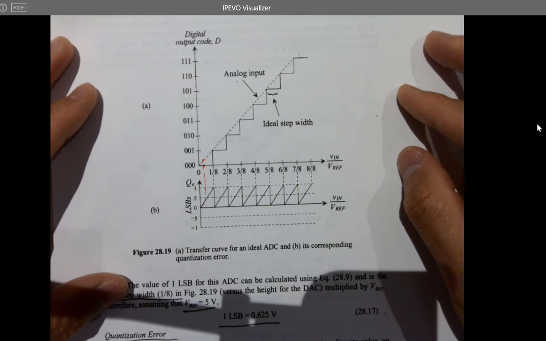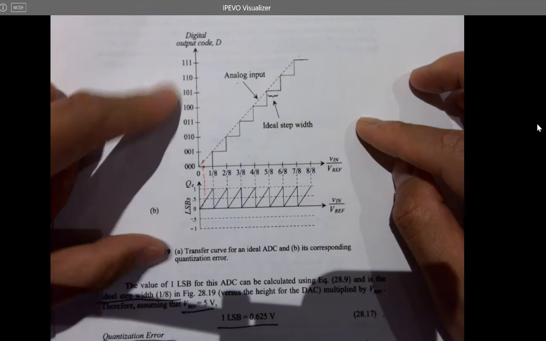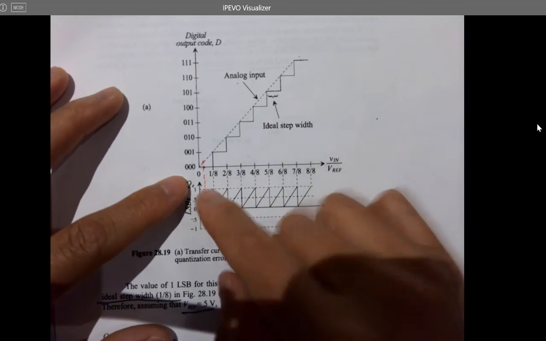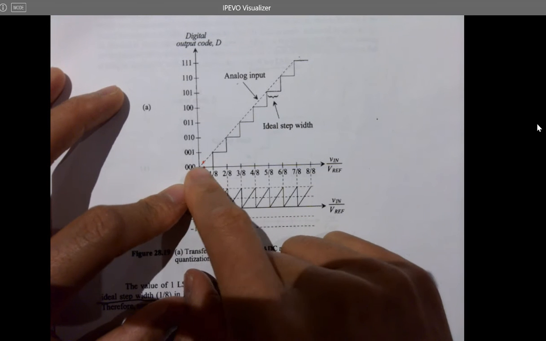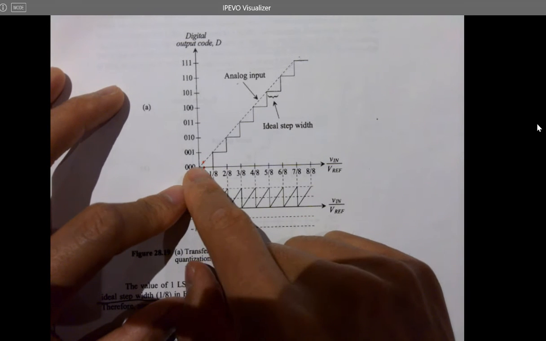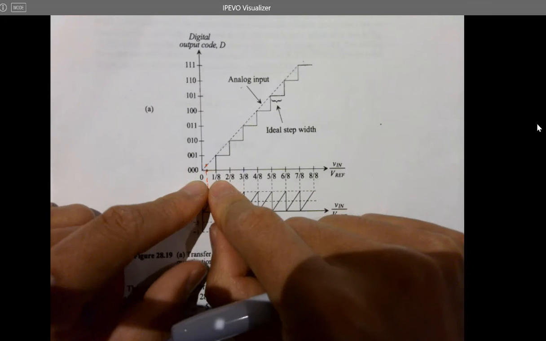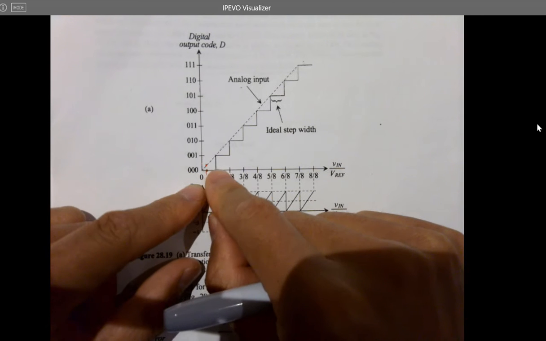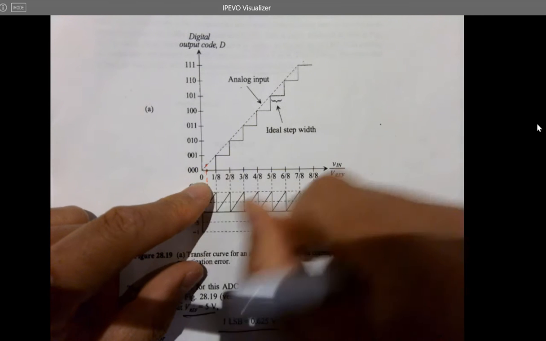The input values are not digital yet, so the output values are digital. And why, at 0, is there no output? So at some point in the middle, in between 0 and 1/8, why is it always 0? It's not jumping to any other intermediate values.